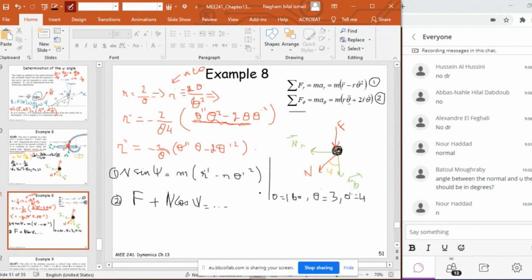And then if you guys substitute theta dot, theta double dot, and r double dot, as well as r and r dot, you're going to have these two values. So you're going to have that N is equal to minus 4.5 Newton, which means I should flip the direction of N. And F is equal to minus 0.898, which also means that I should flip its direction. All right?